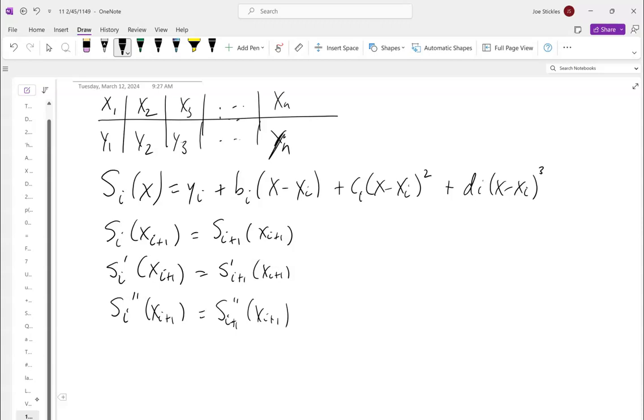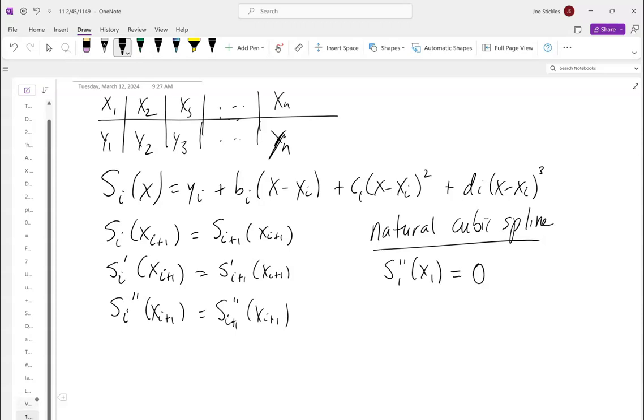So we can do the exact same thing with the cubic splines. One thing that you might do is what's referred to as a natural cubic spline. When you hear the word natural cubic spline, this says that we're going to assume that the curvature at the leftmost endpoint is 0, and the curvature at the rightmost endpoint is 0.